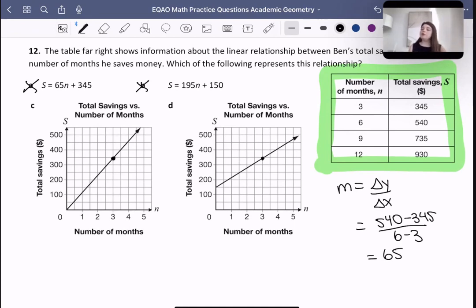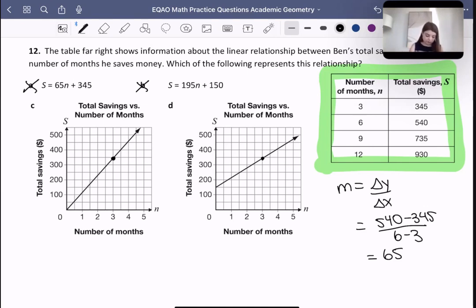So how do we determine which one is correct? Well, we have our slope, right? And so we can use our slope to find out what the y-intercept is. So after 3 months, it's 345. So that means after 0 months, we would just have to subtract that slope 3 more times.